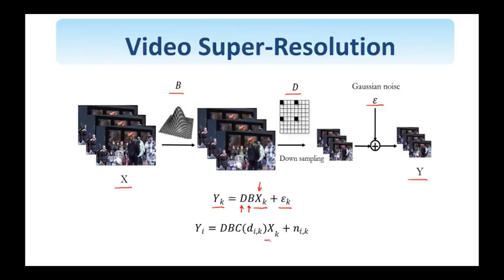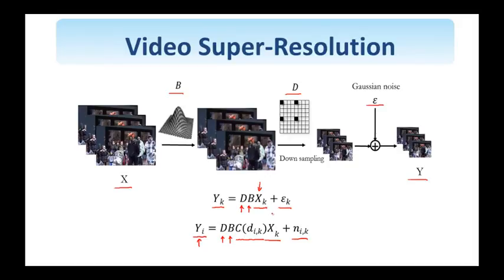So the high resolution frame X at time k is motion compensated or motion warped and mapped to a time I, blurred, downsampled, noise is added, and the low resolution frame at time I is generated that way.